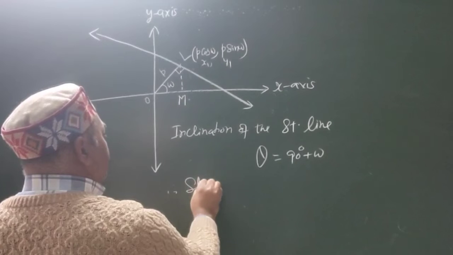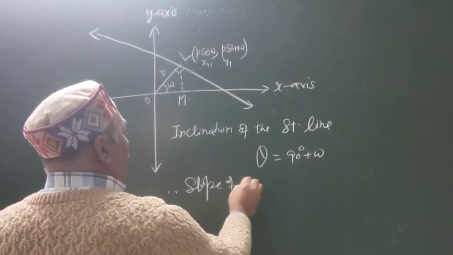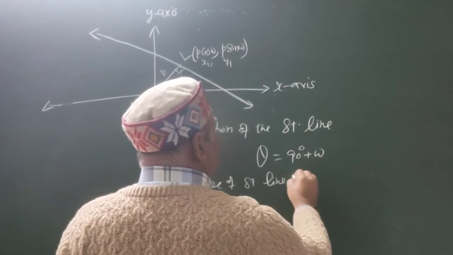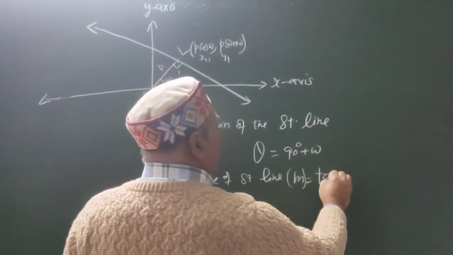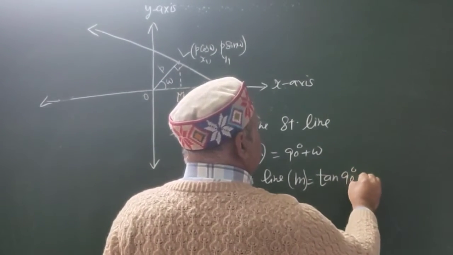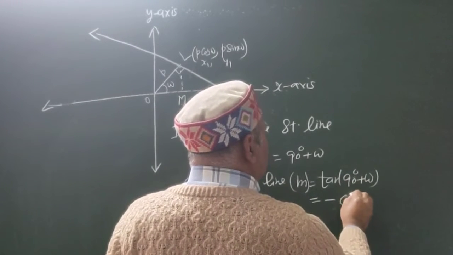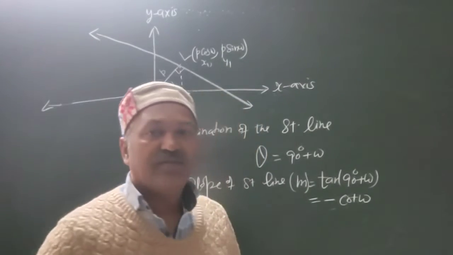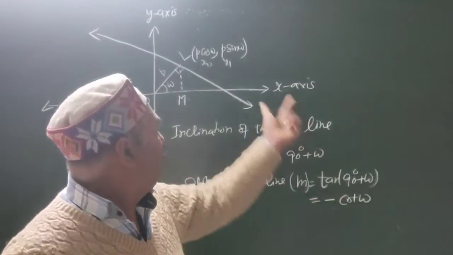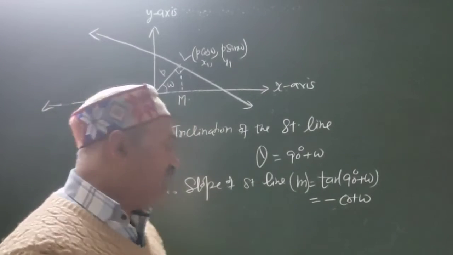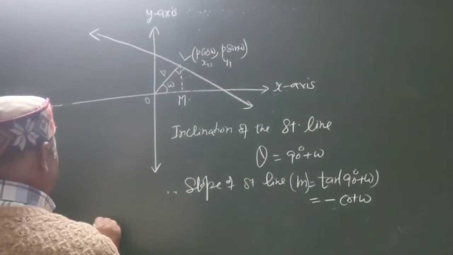Therefore, slope of straight line m is equal to tan 90 degree plus omega, that is minus cot omega. This is the slope of this straight line and this is the point on the straight line. Hence, equation of the straight line is given.